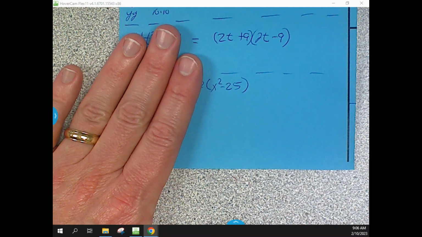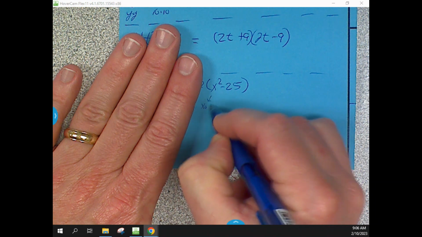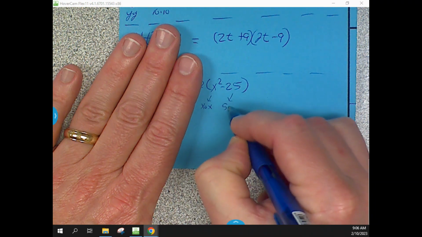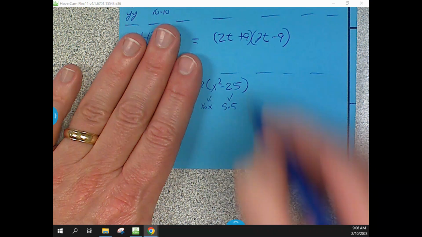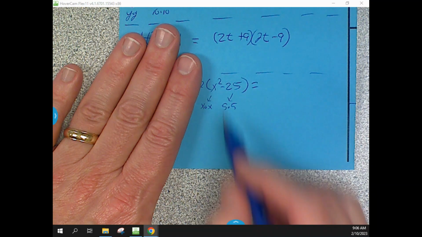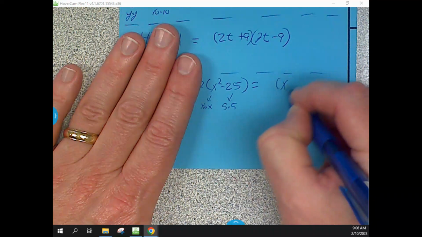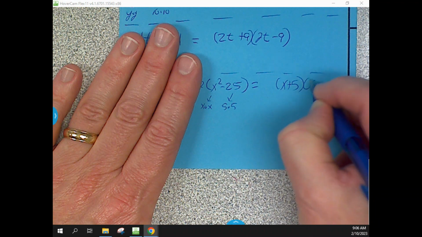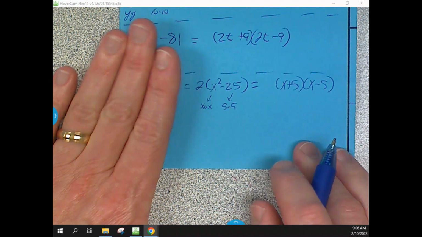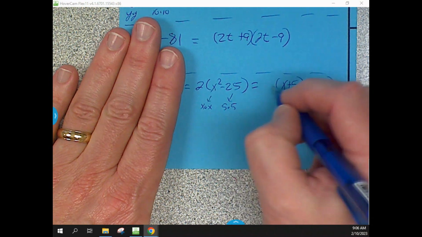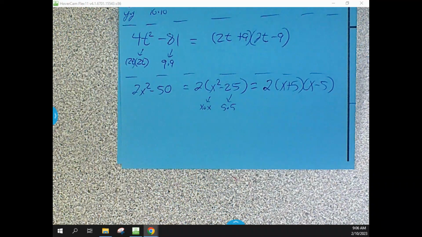That's perfect squares, right? Because now you've got x times x and 5 times 5. So that part of the parentheses would be x plus 5 and then x minus 5. And the 2 that was hanging out in front, it's still just going to hang out in front.